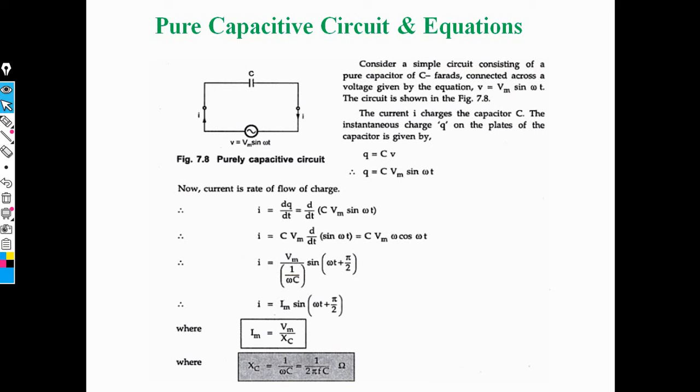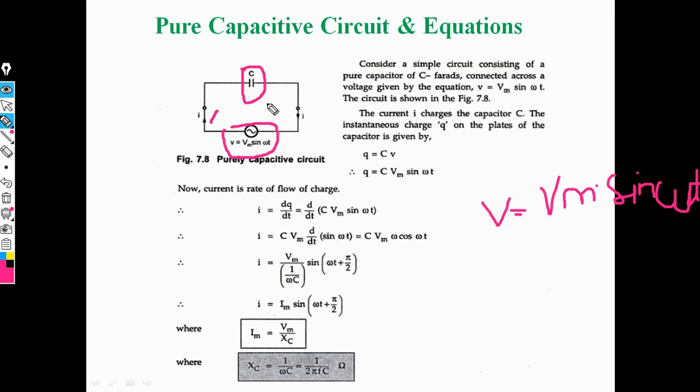This is the simple circuit, and the capacitor is connected in series with the voltage. The voltage is given as V equals Vm sin omega t, and the current I is flowing through it.